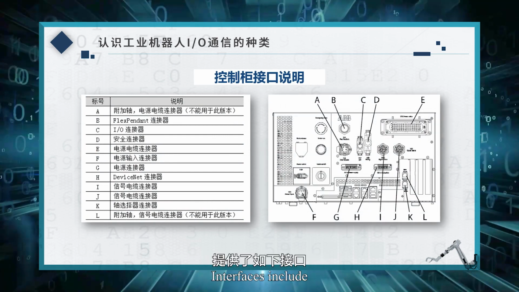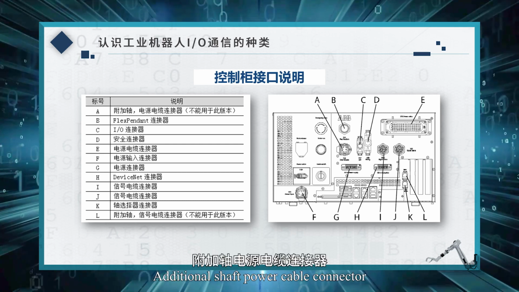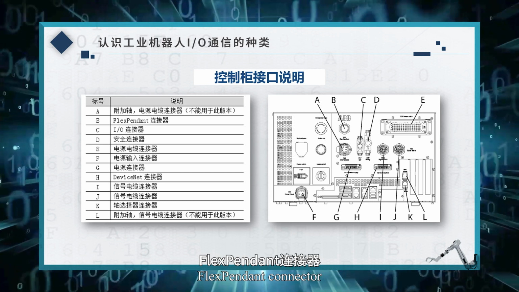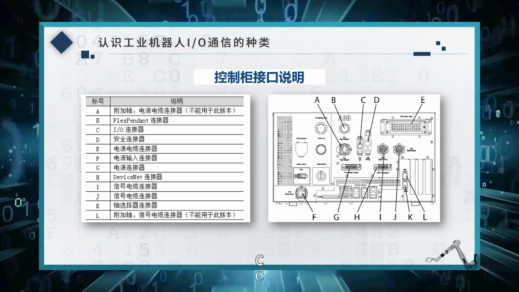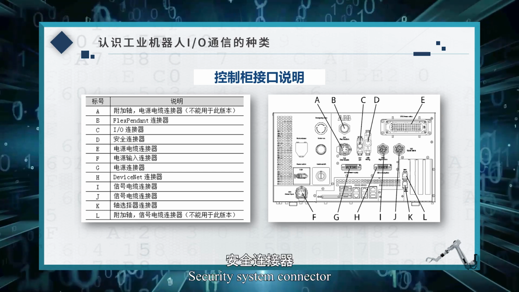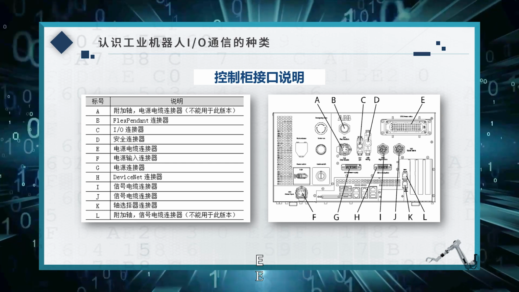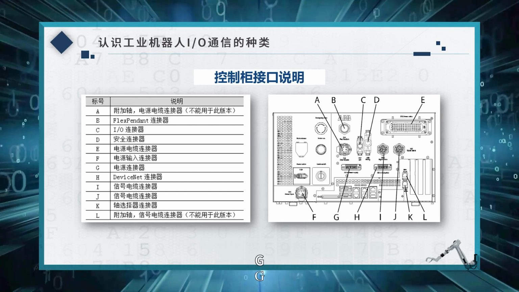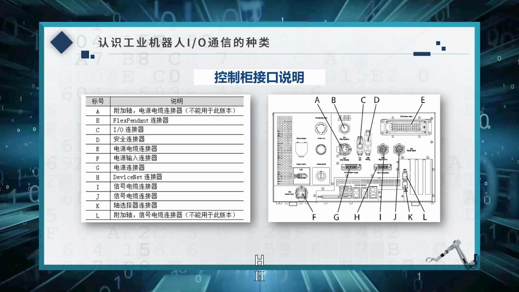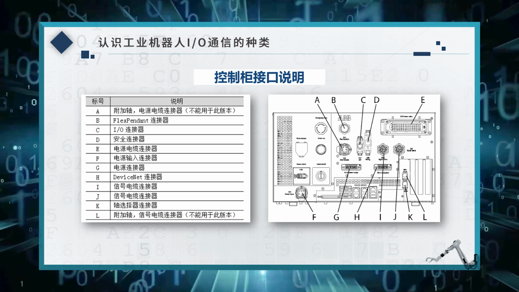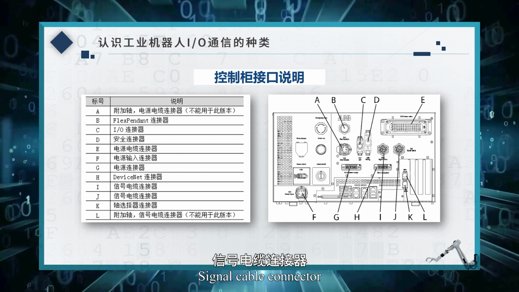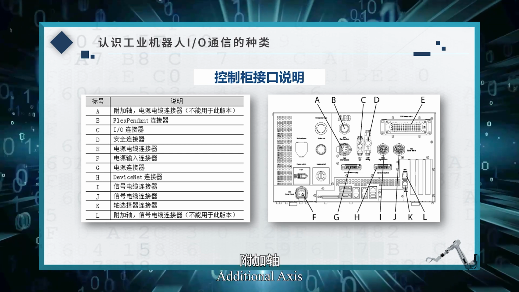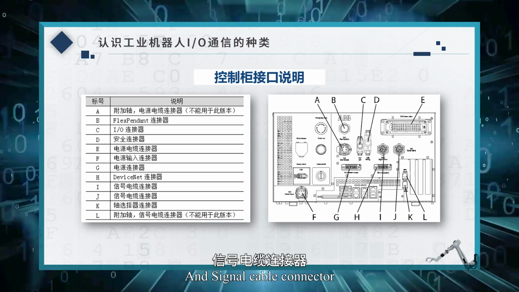Interfaces include A. Additional shaft power capable connector, B. Flex pendant connector, known as the demonstrator, C. I/O connector, D. Security system connector, E. Power and cable connector, F. Power input connector, G. Power connector, H. DeviceNet connector, I and J. Signal cable connector, K. Shaft selected connector, L. Additional axis and signal cable connector.